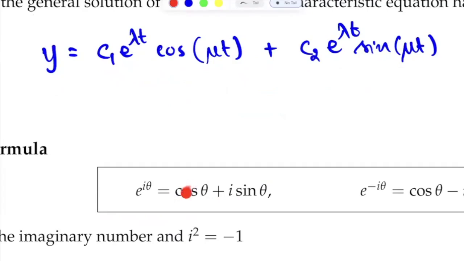The part with even terms can be written as cosine of theta, and the part with odd terms can be written as sine of theta. And that's how you prove this formula, but I'm not going to spend time proving it. I'm just going to directly use the formula for my derivations.